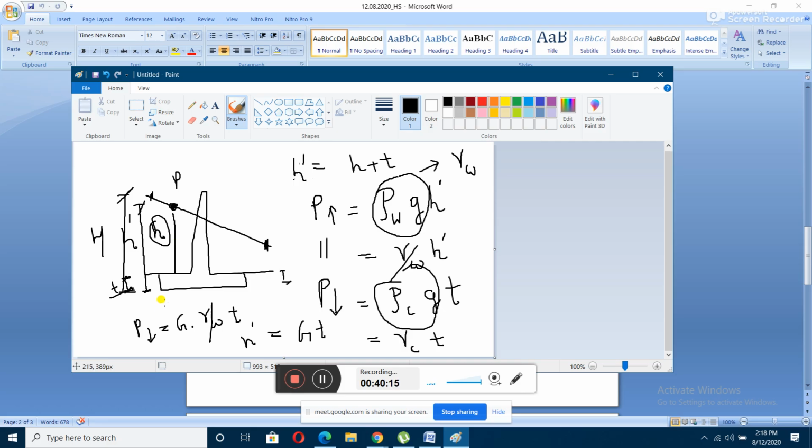So what will be the thickness of your floor? It won't look uniform. Here it will have maximum thickness, then there will be a linear decrease in the thickness, and it will look like this. We can construct it in both ways. Has everybody understood? Just tell me this point.